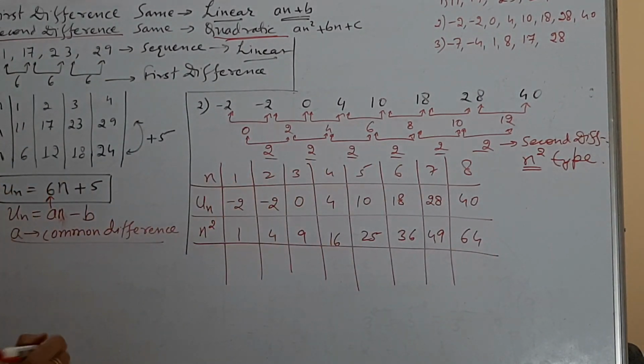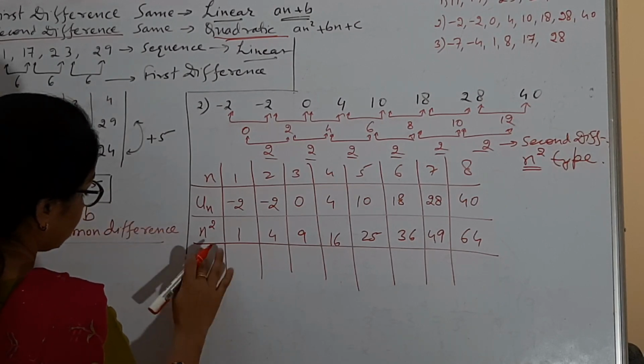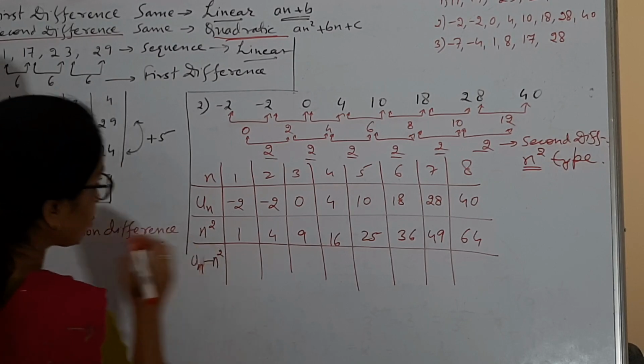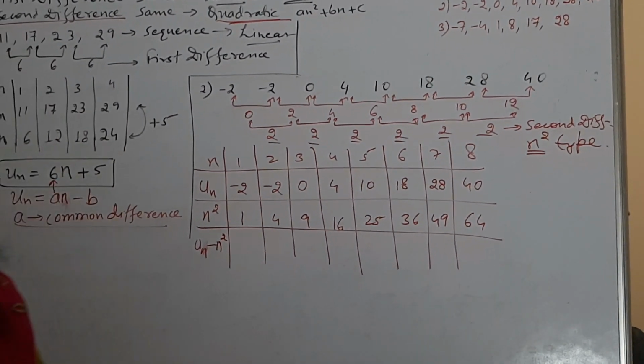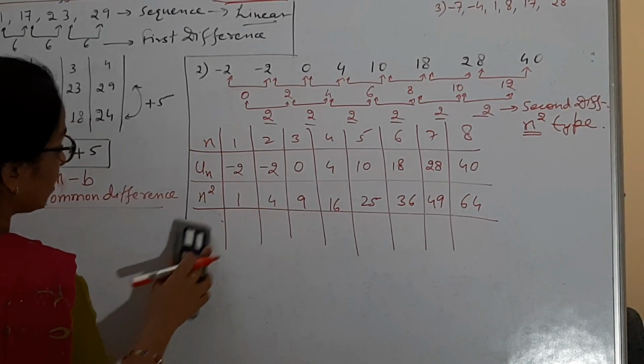Now what we have to do is find un minus n square, or we can do n square minus un.